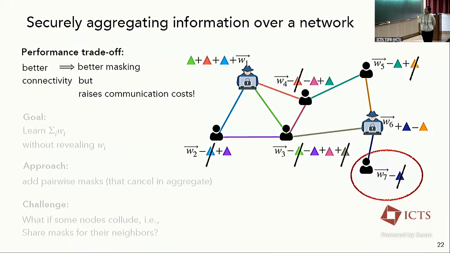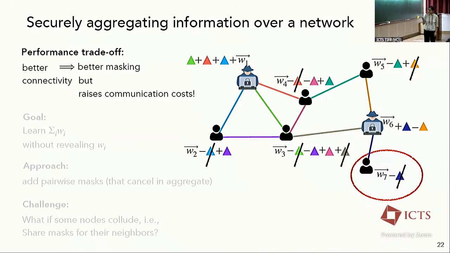But I wanted to share this application because here there is this sparsity-connectivity trade-off manifesting. So if you had all the resources in the world, you'd just organize these nodes in a complete graph and generate as many masks as you could. But in practice, that would entail a lot more communication in terms of generating these masks, and imagine running this for many, many steps in something like a gradient descent algorithm for really high-dimensional vectors.